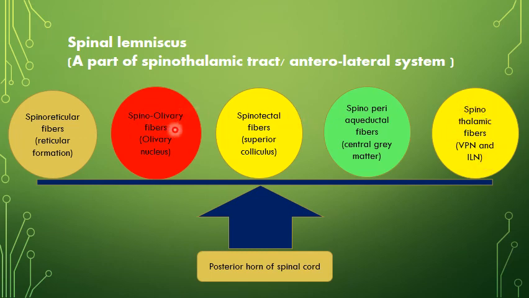Here the spino-olivary fibers go from the spinal cord to the olive, and spino-reticular fibers from the spinal cord to the reticular formation. So these pathways are called the spinal lemniscus within the brainstem.